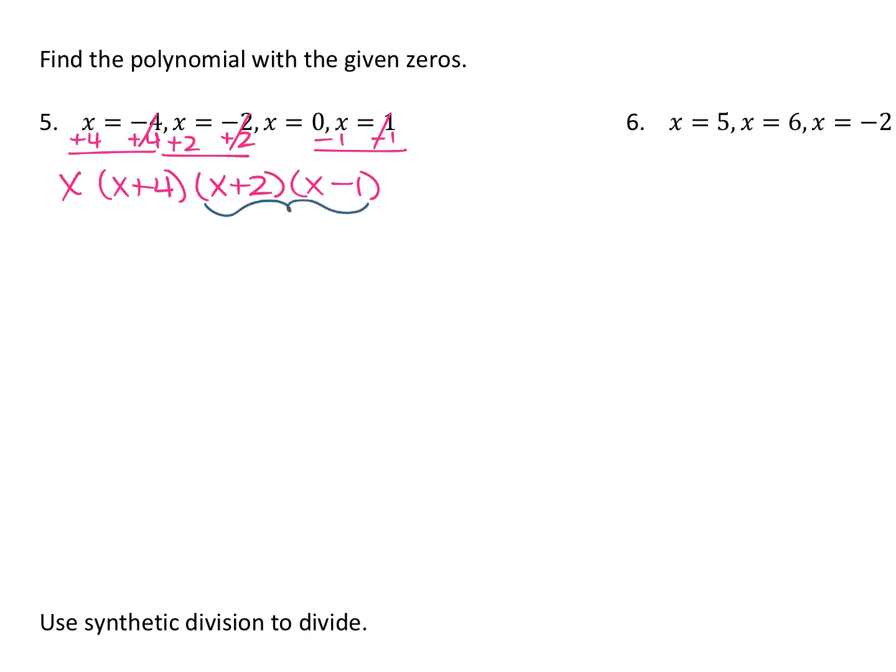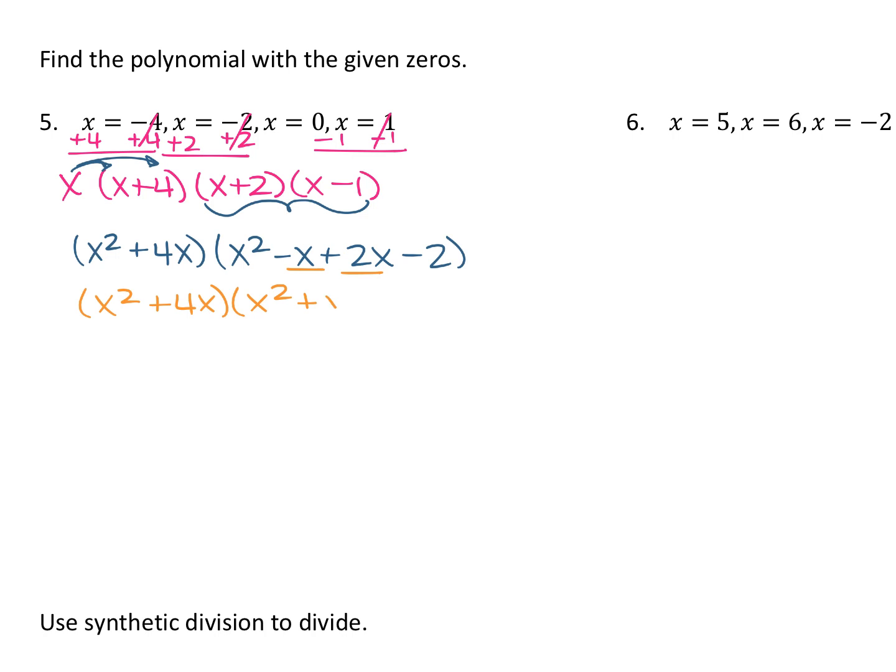I'm going to start with FOILing the last 2 and distributing the x into the x plus 4. That's going to give us x squared plus 4x times x squared minus x plus 2x minus 2. We combine like terms in the second set of parentheses, and we're really multiplying x squared plus 4x times x squared plus x minus 2.